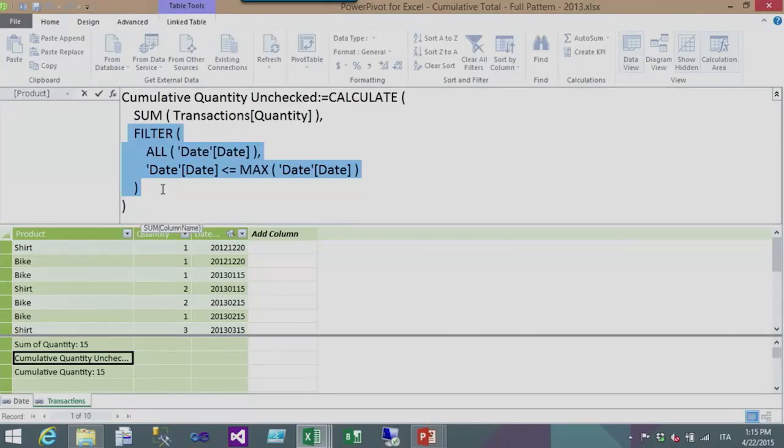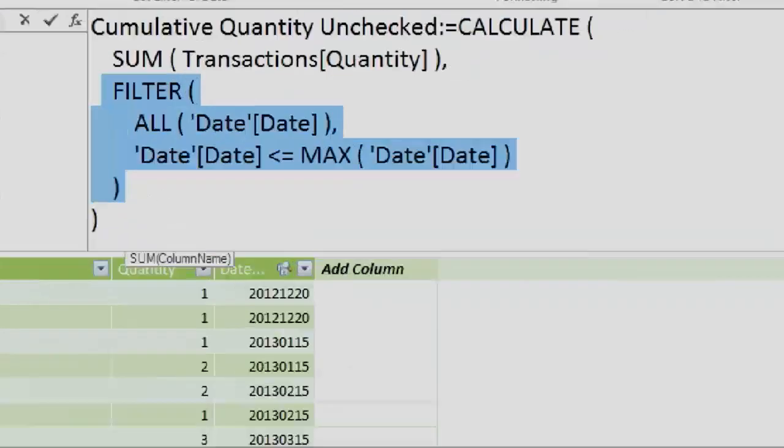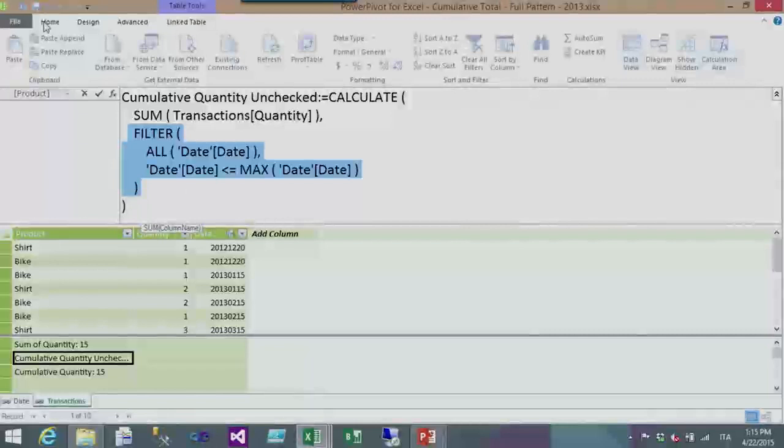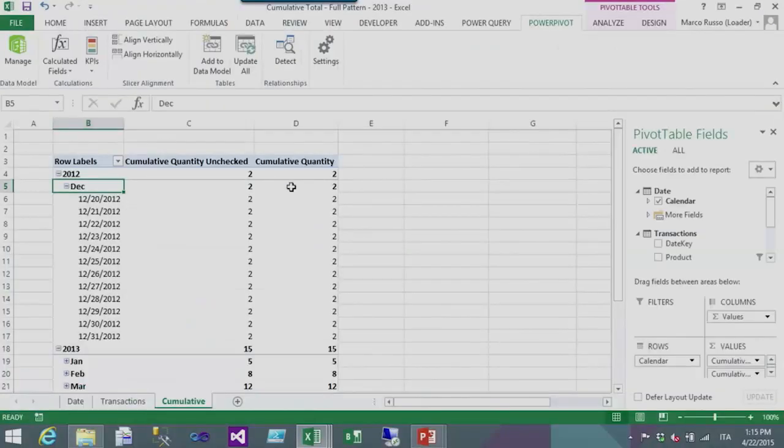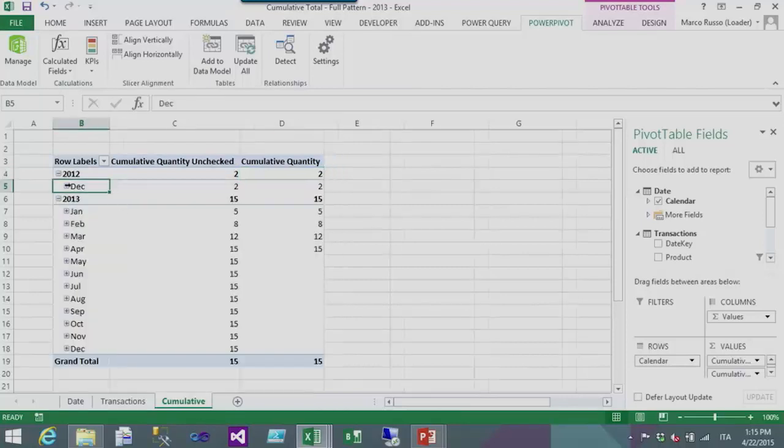Of course, if you have only 1 year of transactions, you should include, before the first transaction, a date in the past that contains the initial stock value for every product. Once you have this, you obtain this result, the cumulative quantity value.